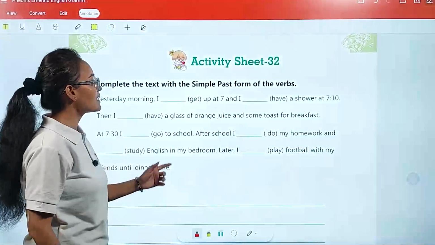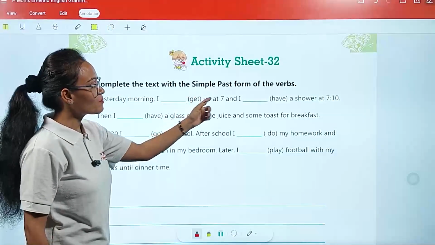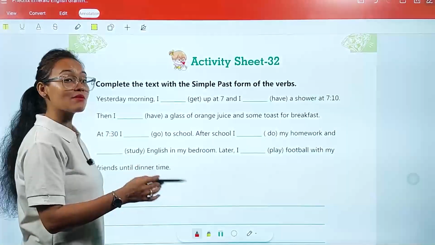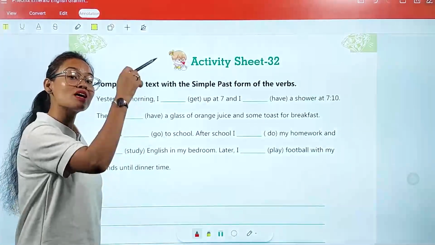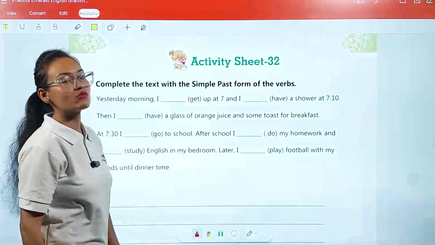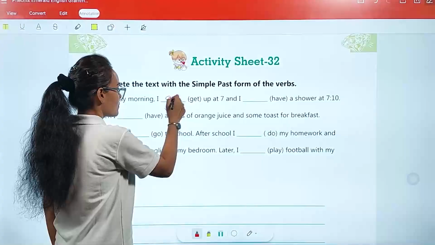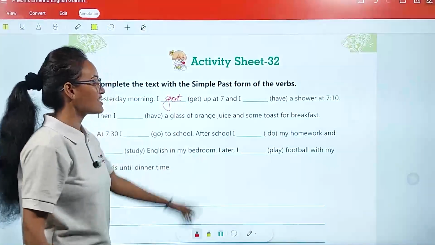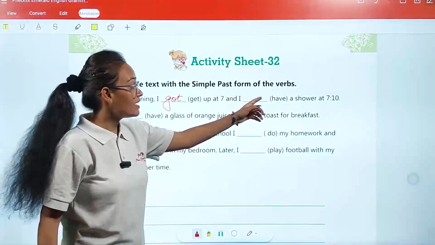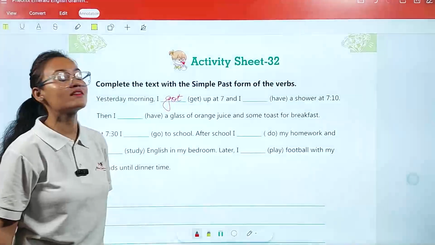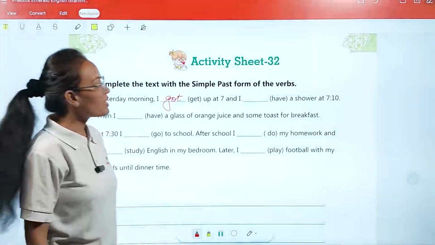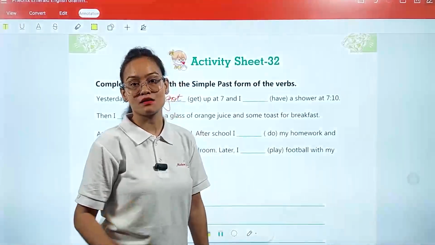Yesterday morning, I, get up at 7. So it is talking about yesterday, which means past tense. The past tense of get will be got. Yesterday morning, I got up at 7 and I had a shower at 7:10. The past tense of have will be had.